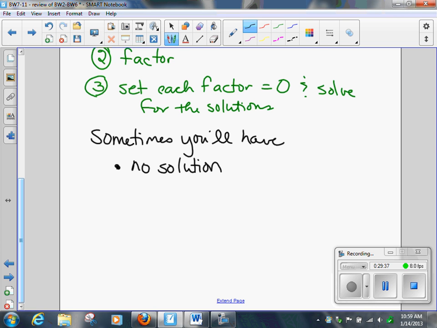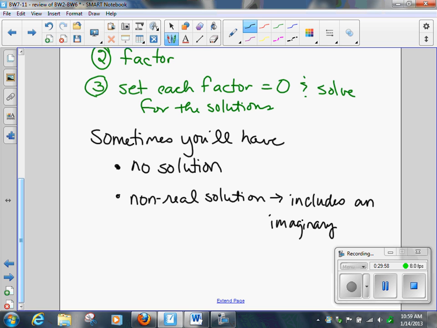Or you'll get a non-real answer, which includes the imaginary numbers, that imaginary number i.